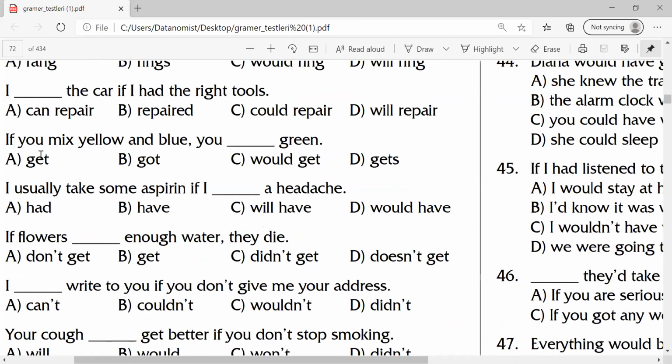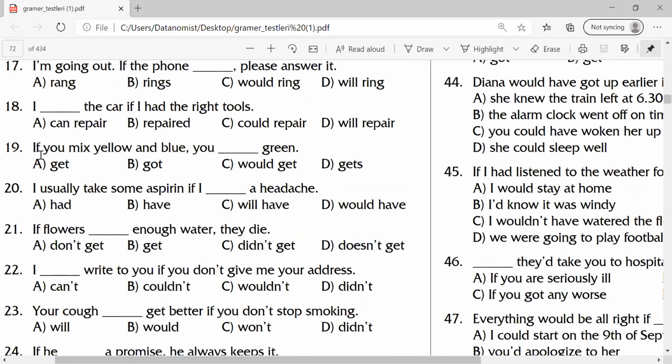See the 19th one, guys. If you mix yellow and blue, you dash green. Present. So generally I expect a future here. But this is a permanent fact, right? It's not that yesterday or tomorrow, today, every day, anytime. If you mix yellow and blue, it dash green. You get, not it, you get or got or would get or gets.